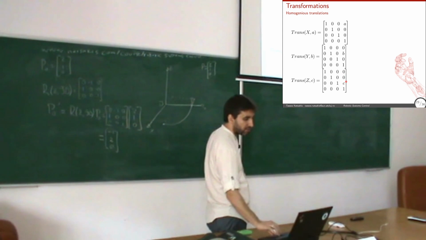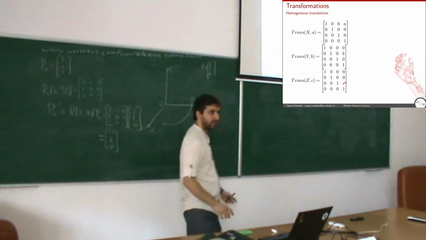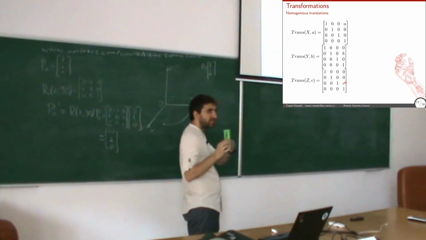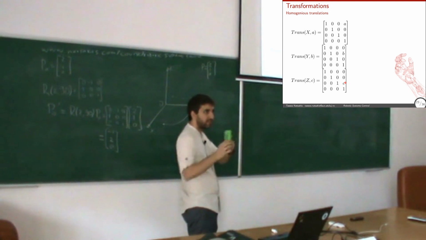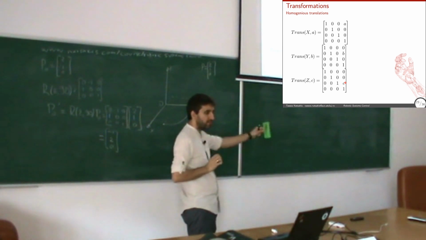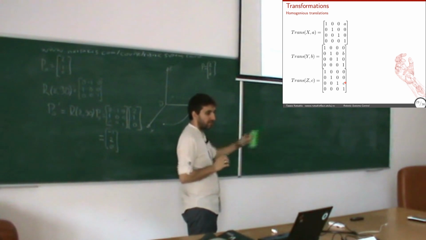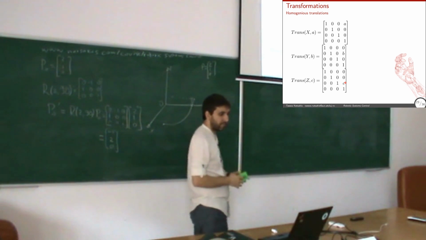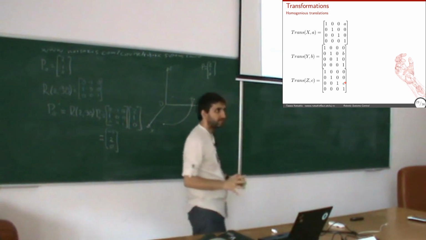If I have translation on the z-axis, it's the third element. So if my point moves along the x-axis, the first element will have a value equal to the distance that it translated. If it's moving on the y-axis, or on the z-axis, the same. No rotation here. Clear?